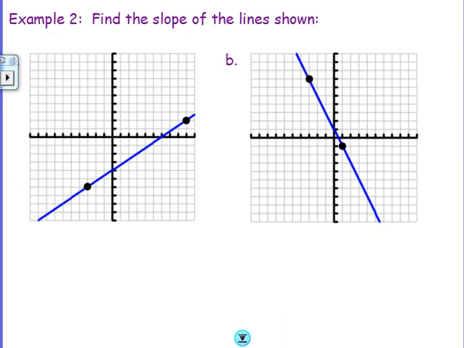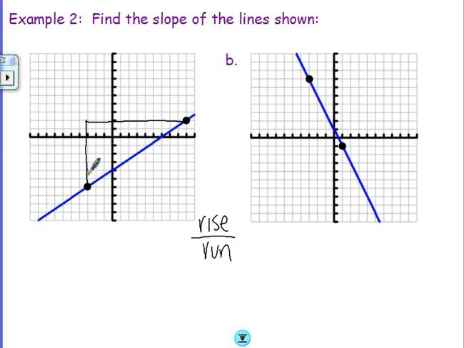Okay, on to slope of a line. So anytime I give you a line and I ask you to find the slope, remember we said it was rise over run. So you could do this 2 different ways. You can come from point to point and just draw in your triangle, no matter where you start. How much do you rise? How much do you run over?